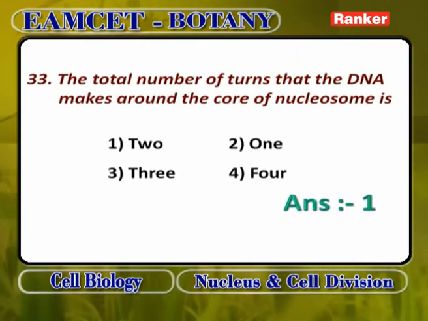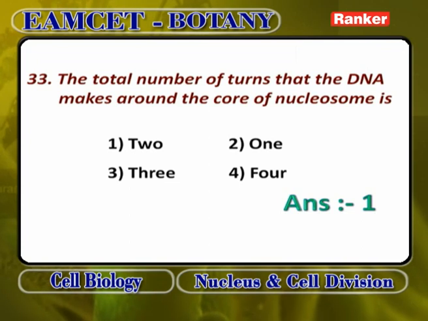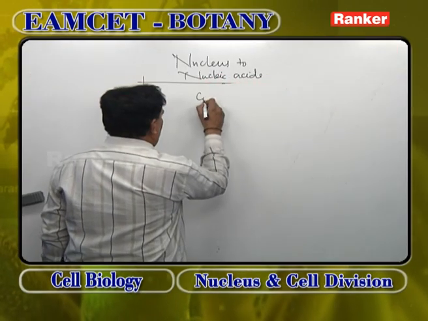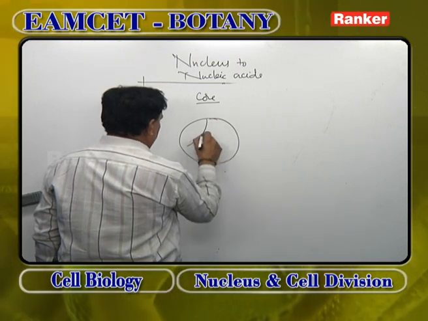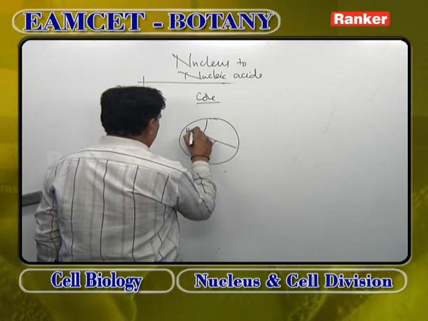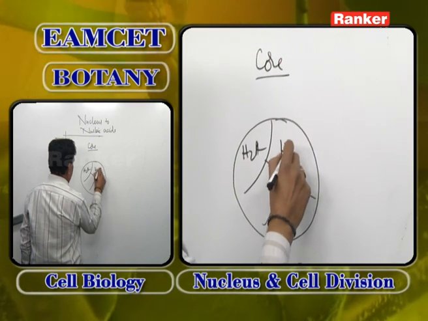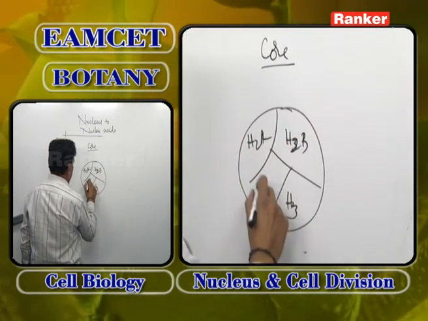Now, the total number of turns that the DNA makes around a core of nucleosome. The core of nucleosome means H2A, H2B, H3, H4.